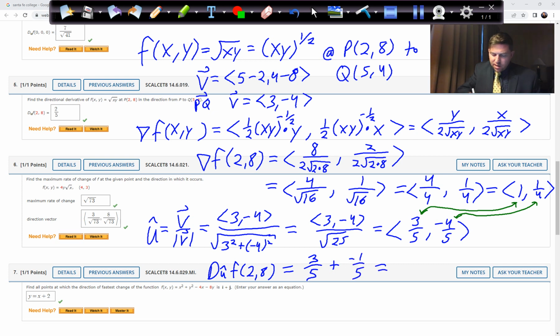And we can combine that. 3 minus 1 is 2 over 5. And that would be the directional derivative of f at (2, 8) in the direction of PQ.